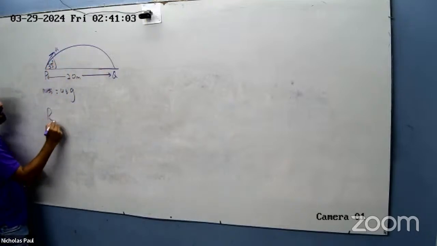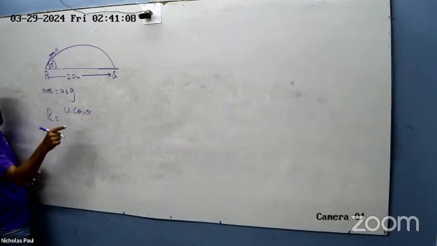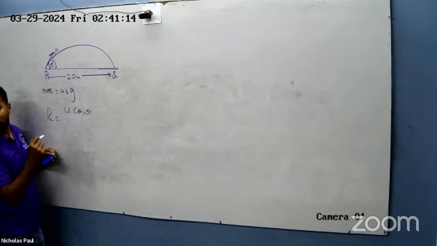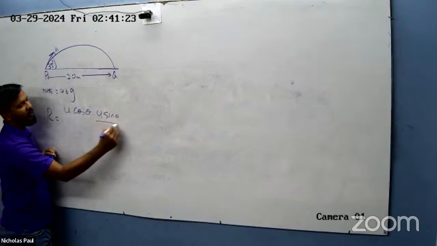R is equal to u cos theta times T. T was what? T was 2 something. T was the time to reach maximum height, so that was u sine theta on g.